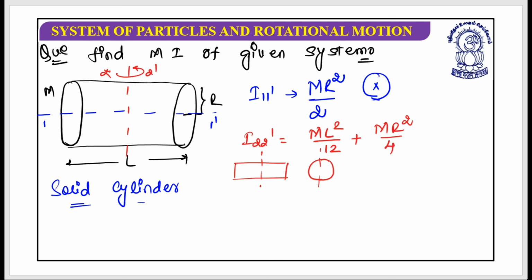So this I22 dash should be written as m l square by 12 plus m r square by 4, and let's rotate it from here. This is 3 3 dash. So this I33 dash could be written as something like this.